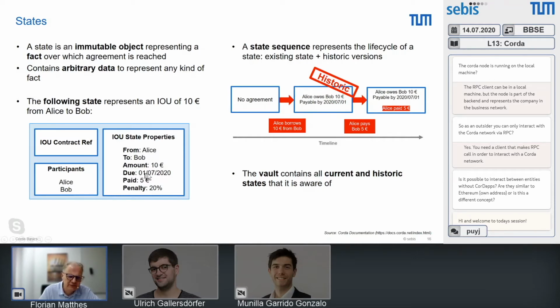I think I have to give it back on the 1st of July 2020, or maybe it might be the date when it has been issued, and I already paid up to now 5 euro, and if I don't pay it back in time, there will be a penalty of 20%. That's more or less the state both parties want to agree on and make sure that this IOU state and the money exchange is in sync.